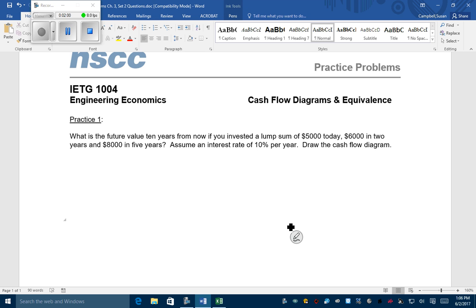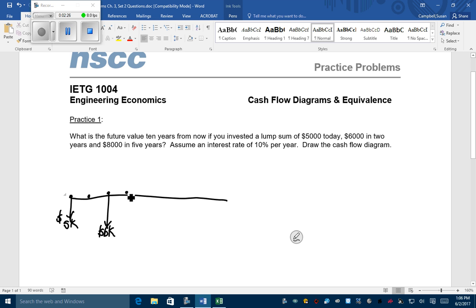So I'll try to draw a little cash flow diagram here. And I have a lump sum of investing $5,000 today. Year 1, year 2, I'm also investing a little bit more than that, so my arrow is a little bit longer. 6,000.